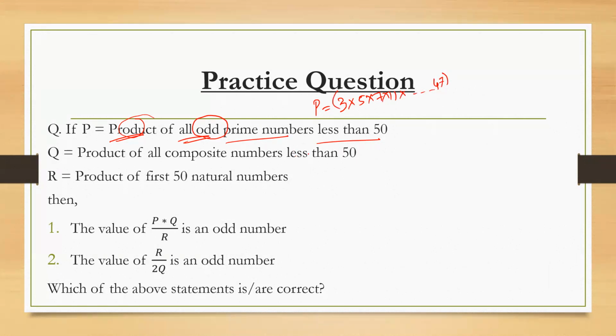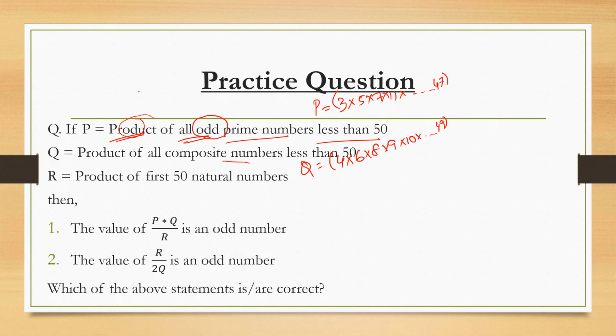Yes. Now the same thing. What about Q? Q is again a product of all composite numbers. So composite numbers, that means what? 4, 6, 8, 9, 10, like this till 49. Yes, exactly.